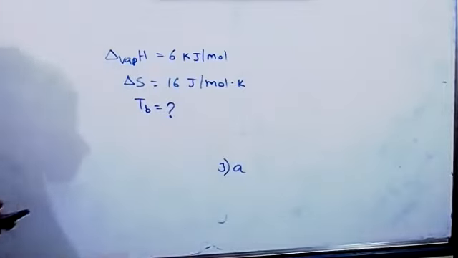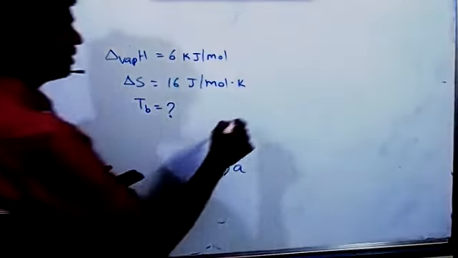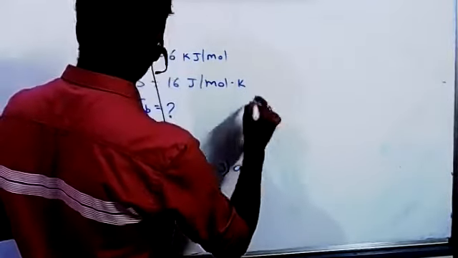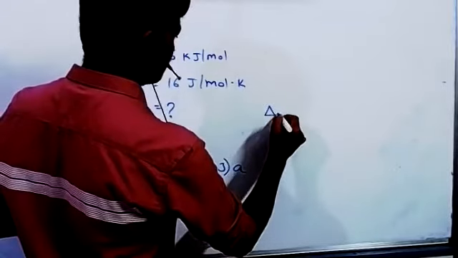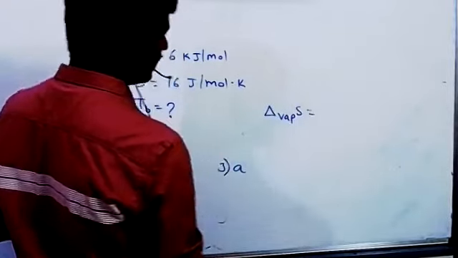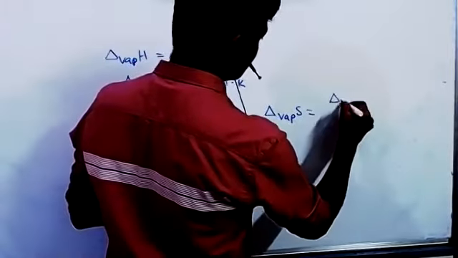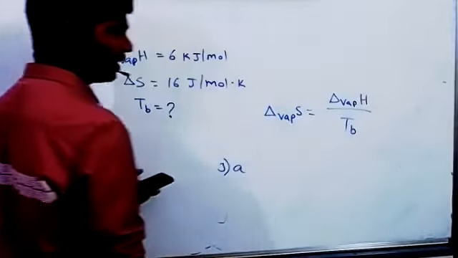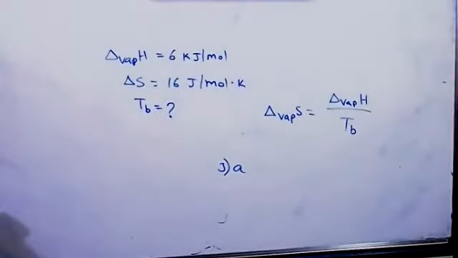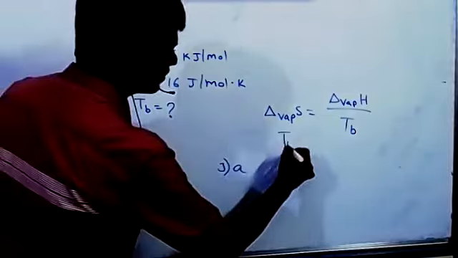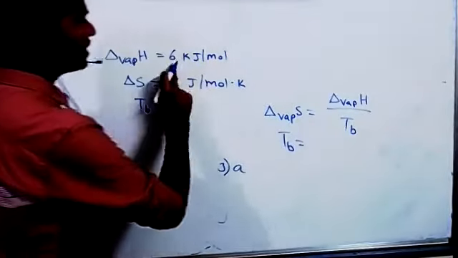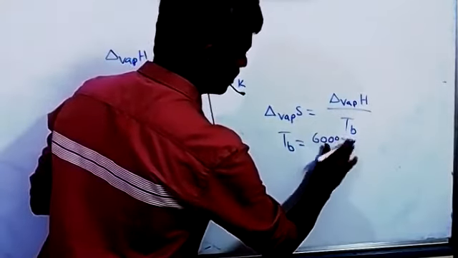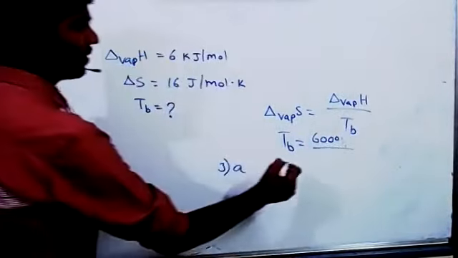Yesterday I gave you formulas. Delta S, this is not simple delta, the change in entropy of vaporization, is equal to enthalpy of vaporization divided by the temperature at its boiling point. I gave you the formulas yesterday, check. Now substitute these values. TB is equal to the enthalpy of vaporization, 6 kilojoule per mole, converted into joules, 6000 joule per mole, divided by 16.